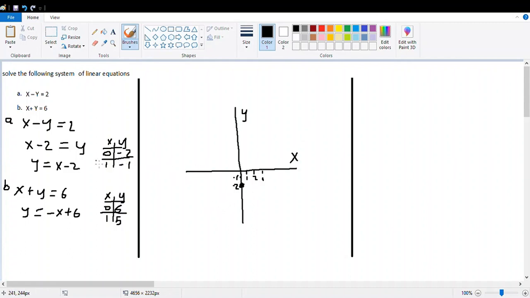But we need the second point to graph the linear equation exactly. Then it is 1 and -1: 1 in x and -1 in y. Then the point is going to be somewhere around here. When you connect the points, the first line is something like this.